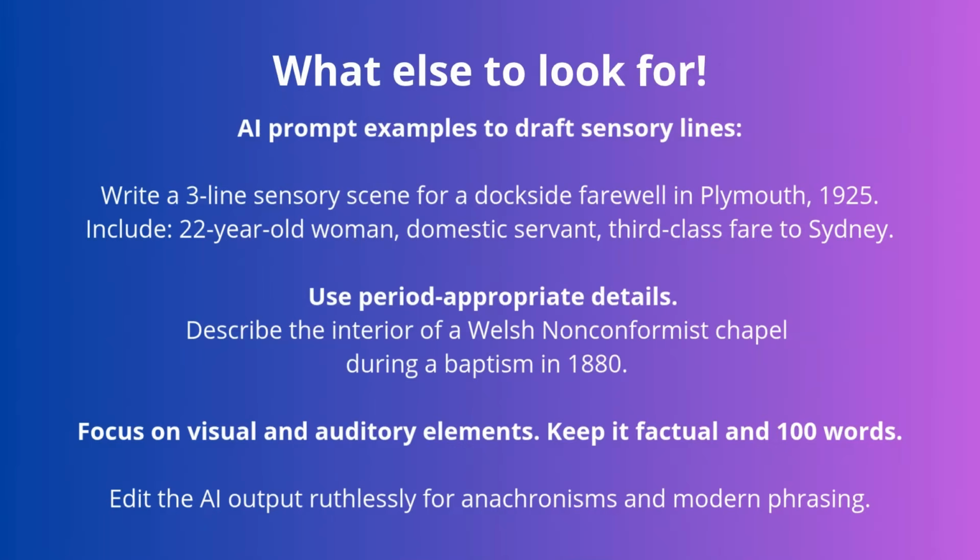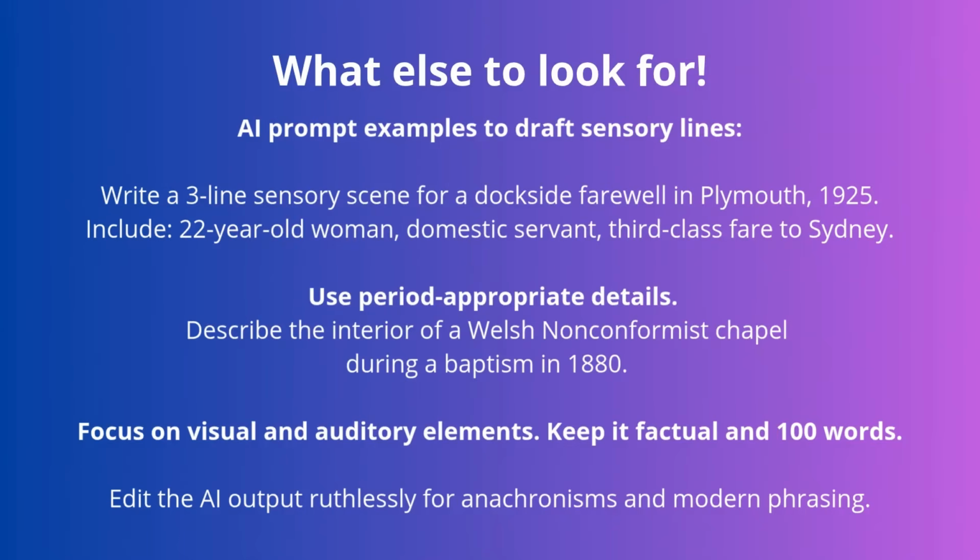Write a 3-line sensory scene for a dockside farewell in Plymouth, 1925. Include a 22-year-old woman, a domestic servant, and she has a third-class fare to Sydney, Australia. Use period-appropriate details.